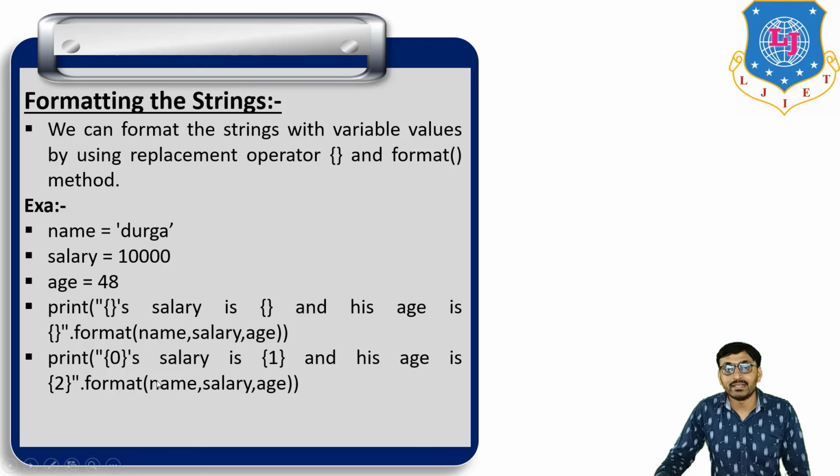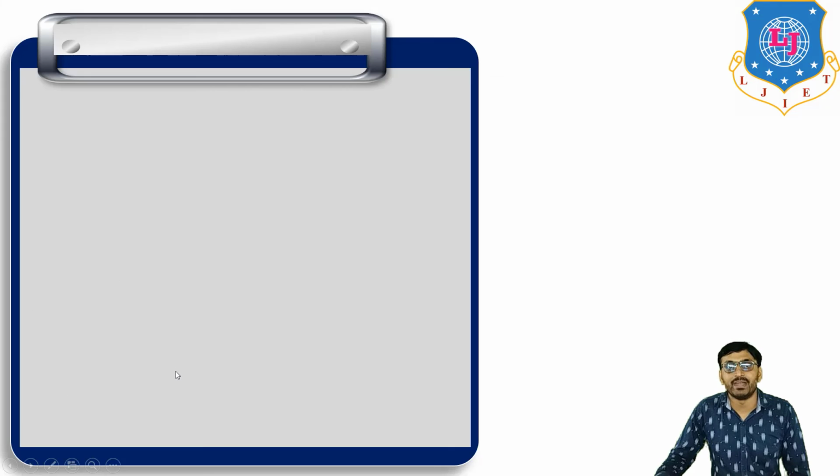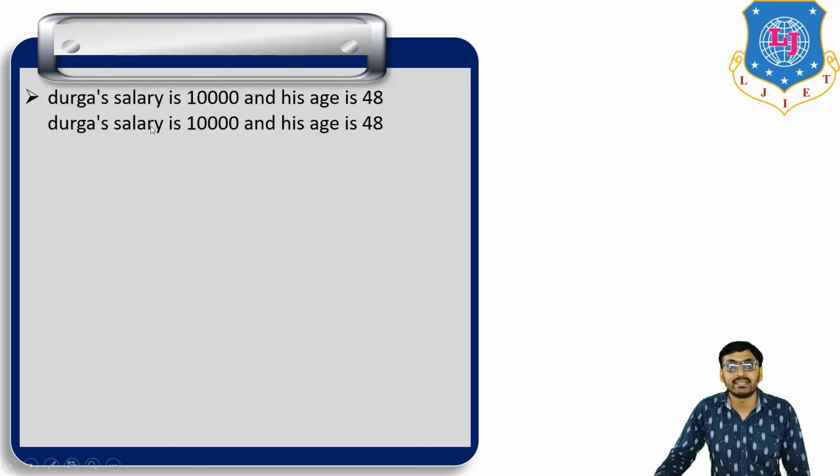Durga, transferred at index 0. Then salary, what is salary? 10,000, transferred at 1. And age 48, transferred at 2. So the output of these two print statements is the same: Durga's salary is 10,000 and his age is 48.